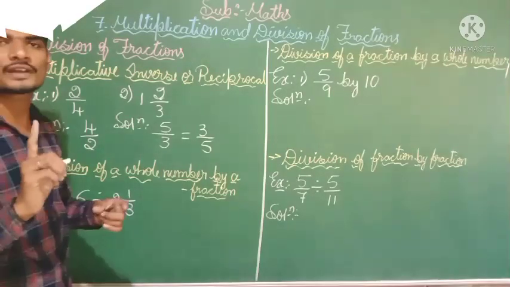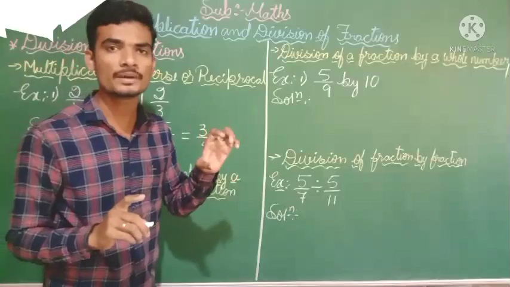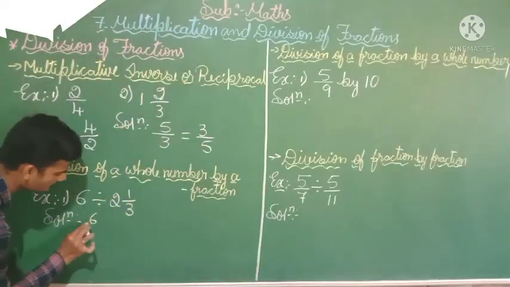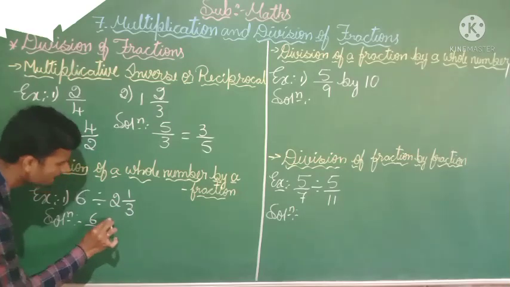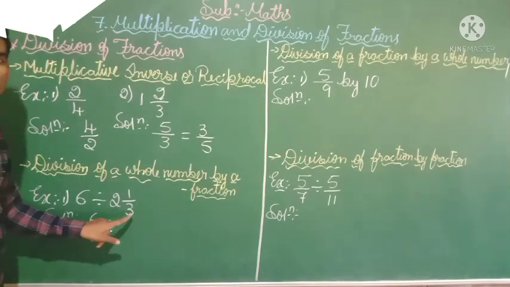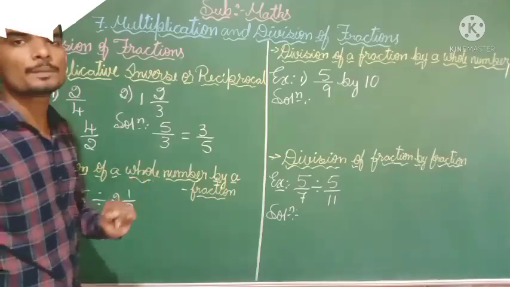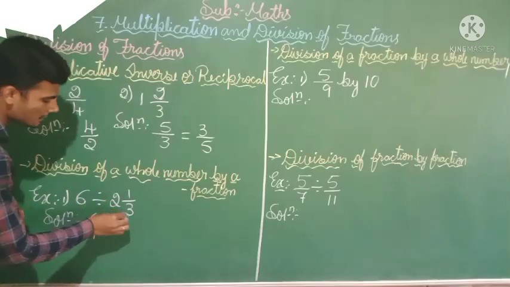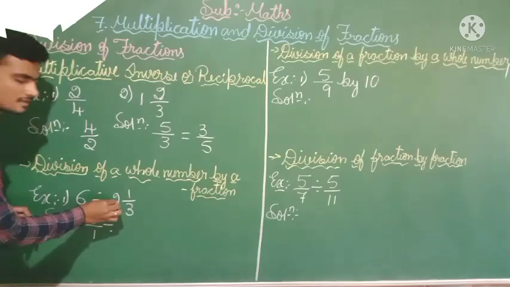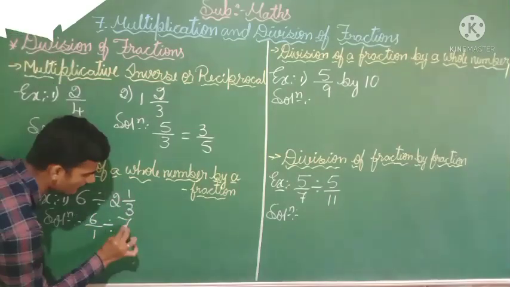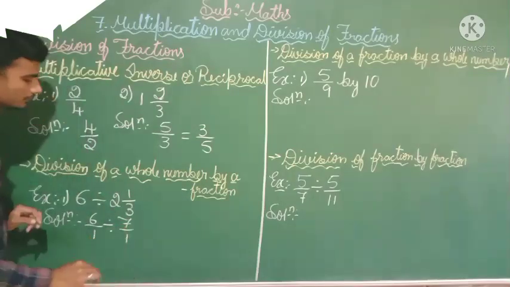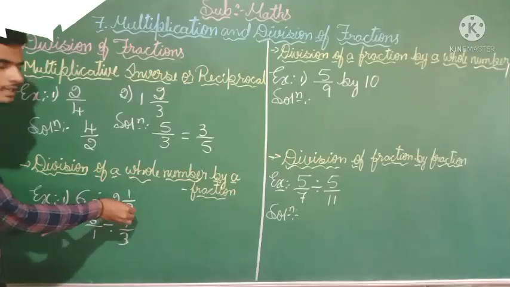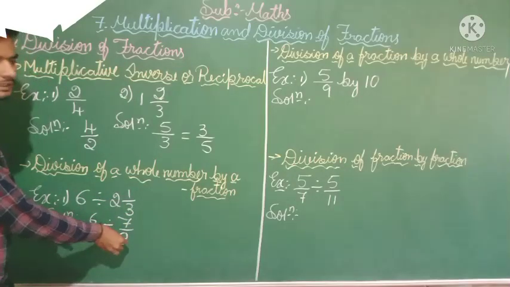So first you write 1 at the denominator part for the whole number. Here, 6 by 1 divided by the mixed fraction, which we want to convert into an improper fraction. You know very well about this. So 3 2s are 6, 6 plus 1 is 7, 7 by 3. See what the denominators are given. The same denominator should be right here.